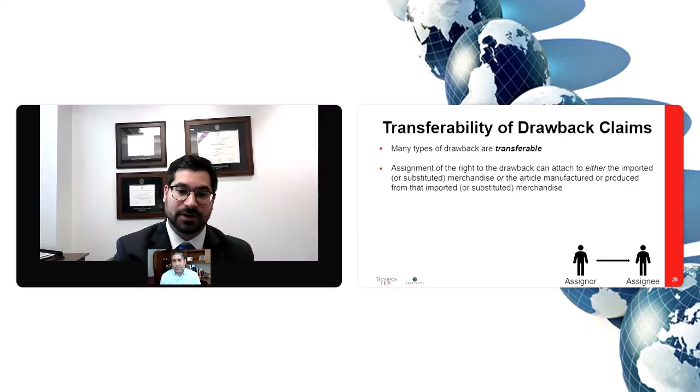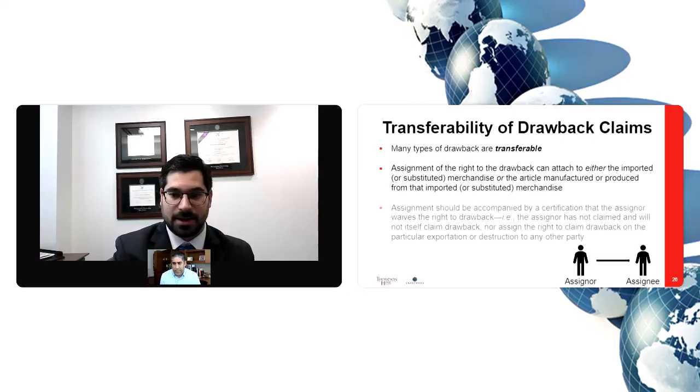And if there is some assignment, you'd want a certificate from the assignor, where the assignor is basically saying, look, I am certifying that I have not claimed and will not claim drawback on this export. And similarly, I'm not going to assign that right to another party. So that is a type of record that might not necessarily apply, but if it does apply, you would want to retain that for 3 years after the liquidation of your drawback claim.